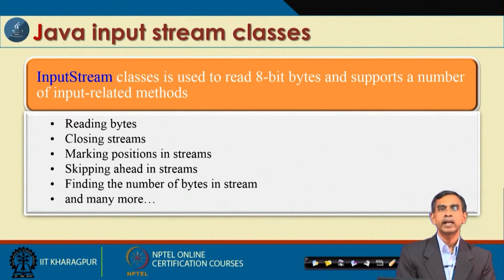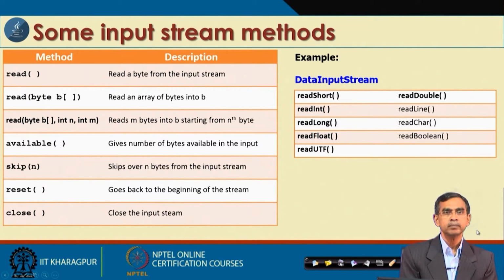This means it is used to read 8-bit bytes, and it supports a number of input related methods, a few of which I have mentioned here, which are very common in any programming, like how we can read a byte from an input source, how we can close an input source, how we can mark a position of streaming in an input source, and skipping ahead if we want to read the input source not in a sequential manner, rather in a random manner, and then we can also find the total number of bytes in a stream, etc. There are many such methods included in the input stream classes to process it.